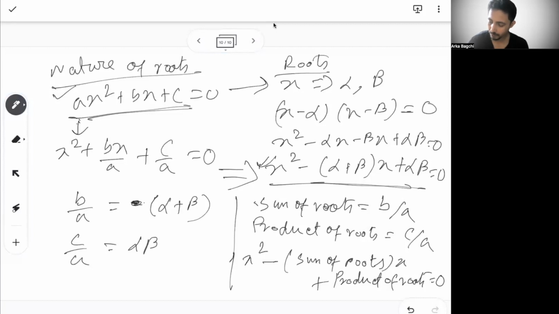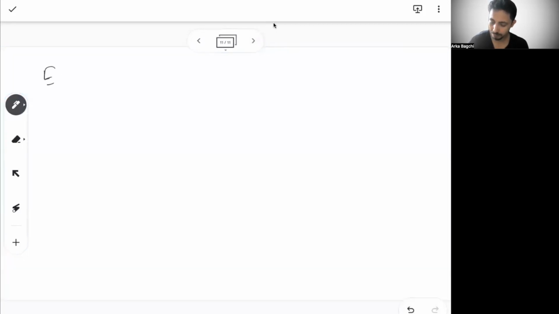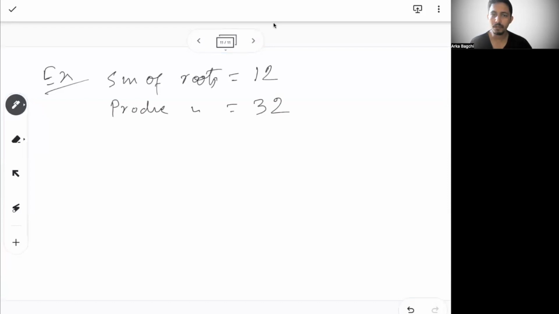So let's say there is an equation for which the sum of roots is 12 and the product of roots is, let's say, 32, right? So you have to find the equation.